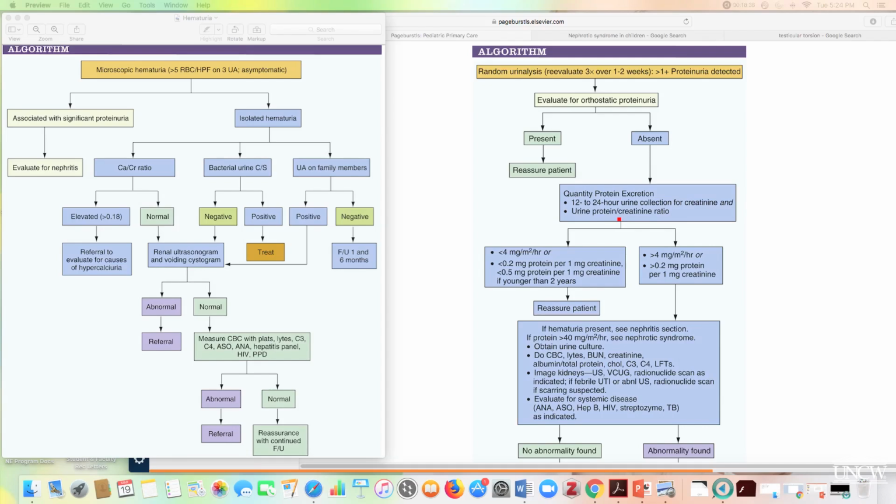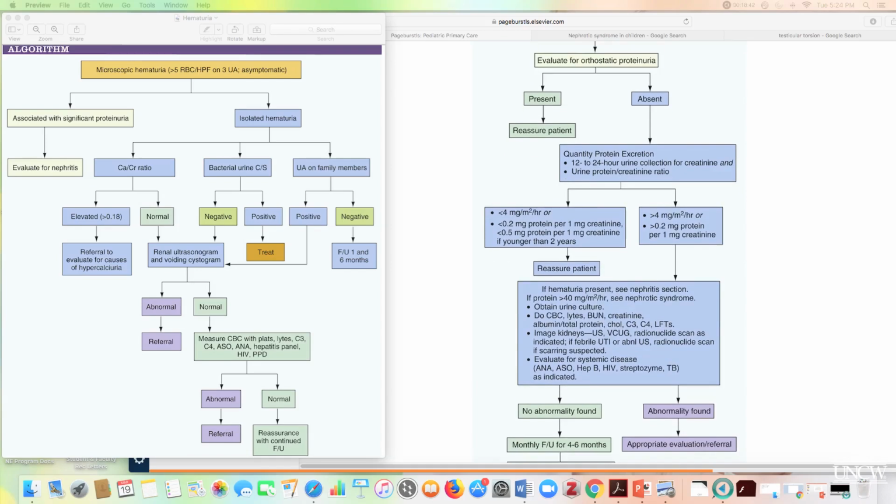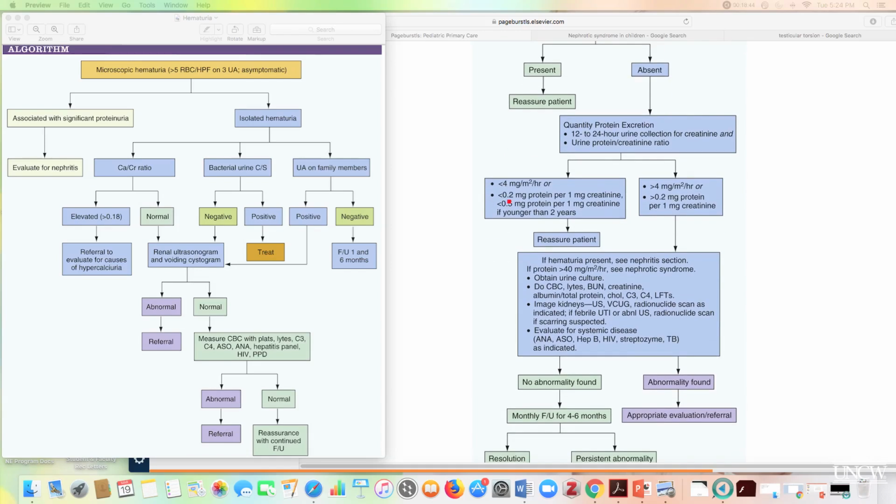Once you order this and it comes back normal, you really don't need to do anything else, okay? Beyond this is where you would say there may be a problem. If the protein creatinine ratio or the 24-hour protein collection is not normal, then that's when you would need to do a more definitive workup to assess the patient's renal function, and then also possibly consult with a nephrologist.